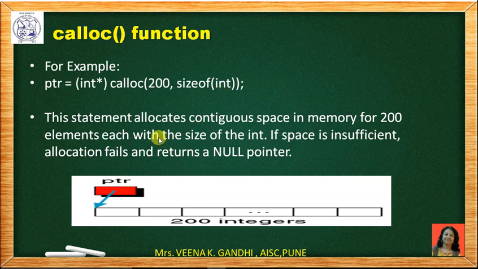So we want to allocate 200 integer numbers of int type. It returns a pointer to int, so void is replaced by int star here. The pointer will point to the first byte of the newly allocated memory area. If the space is not sufficient, then memory allocation fails and it returns a null pointer.